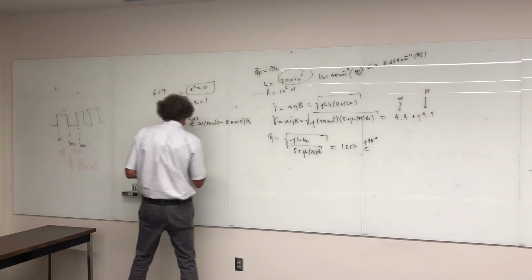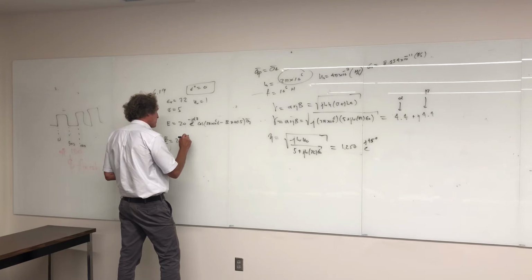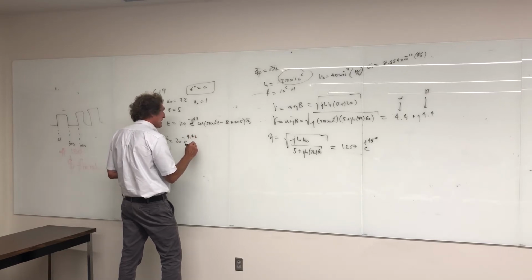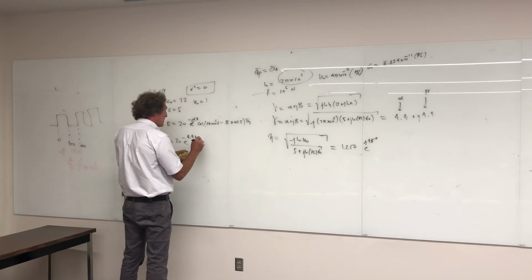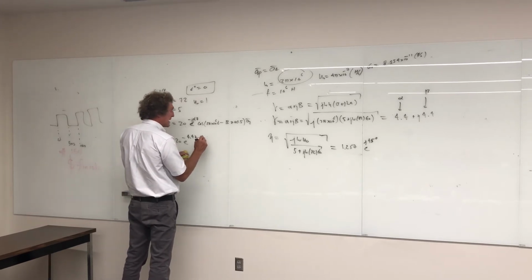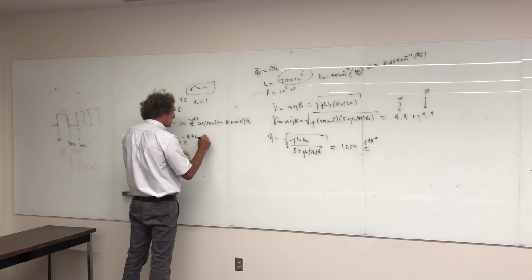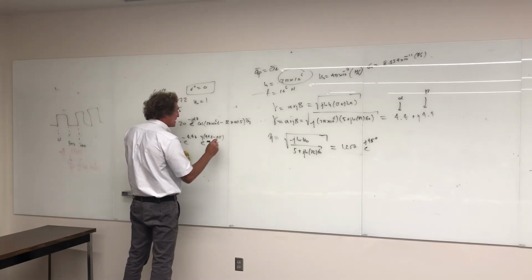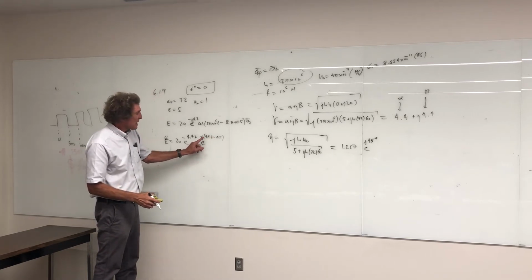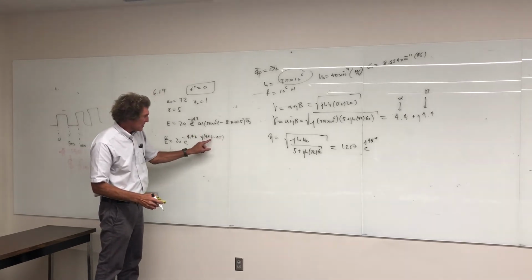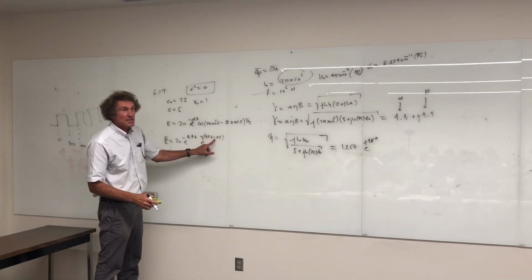So e to the minus 4.4 z, times e to the minus j, beta is 4.4, right? 4.4 z minus 0.5. The reason I put a minus there is because, remember, this is minus j beta z, and this needs a minus, so when this times this goes through, it becomes plus.